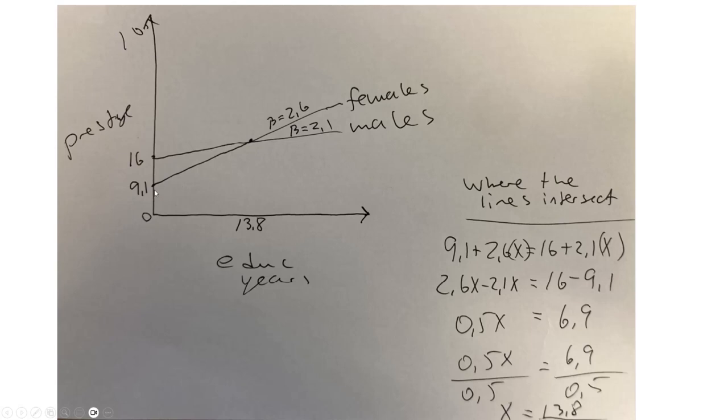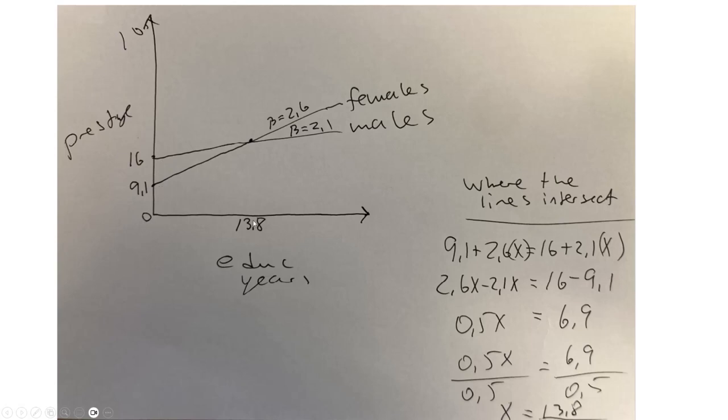So males start in prestige when they have no education at 9.1. That of course is meaningless at this stage. Well, actually there are people with no education in the data. So females start at 9.1, and their prestige increases by 2.6 for each year of education.